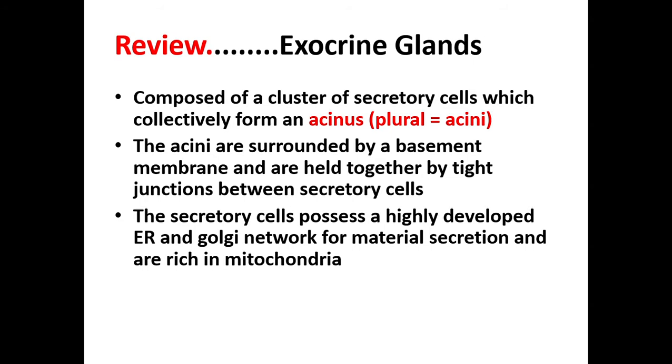And these cells possess a highly developed endoplasmic reticulum and Golgi network for material secretion and are rich in mitochondria. So it's not only endoplasmic reticulum and Golgi bodies, but also mitochondria.